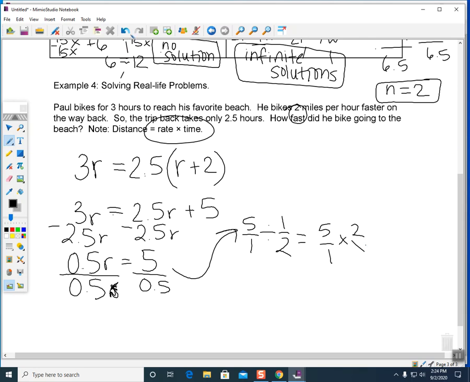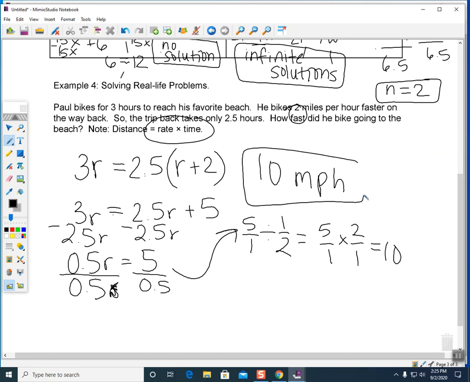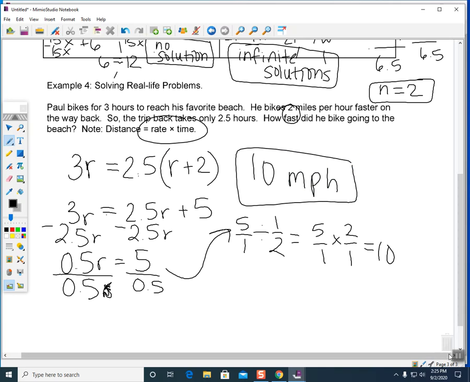Keep, change, flip, right? When we divide fractions, we do our keep, change, flip. So 5 times 2 is 10. So my answer is 10 miles per hour. That's how fast he went to the beach. And that's all we have for lesson 1.3.